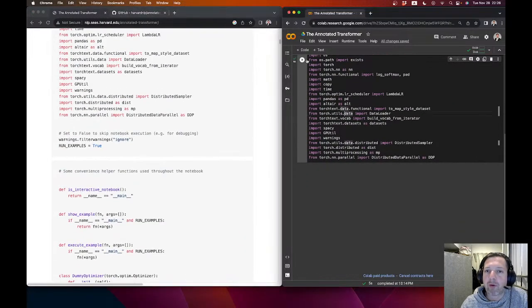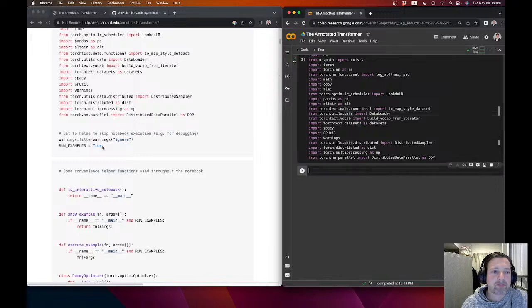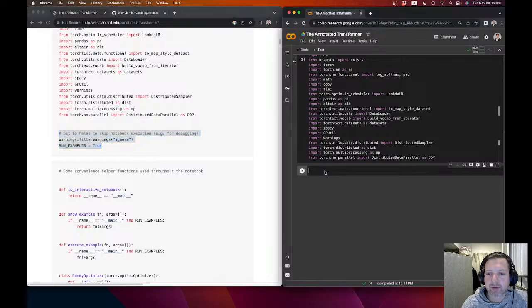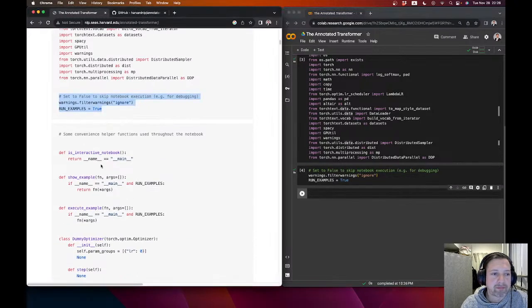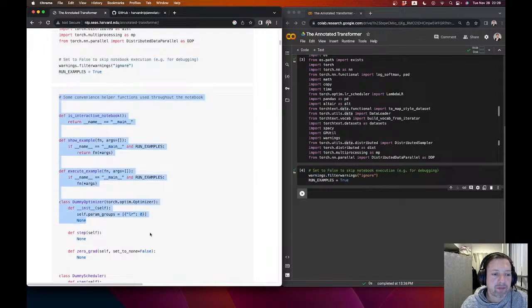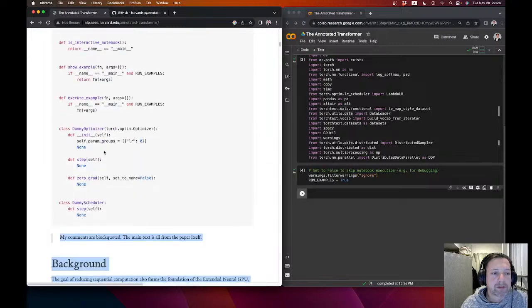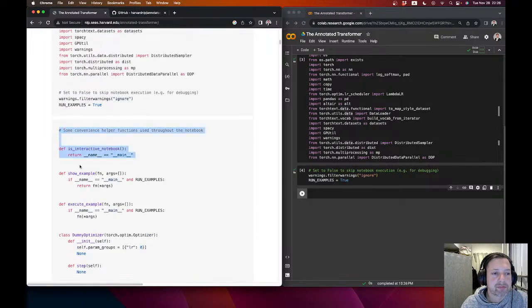Okay, so the import seems to have worked. Just copy this, and then copy this.